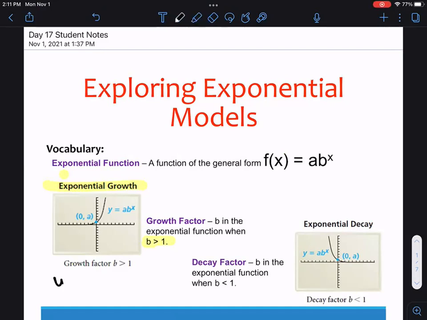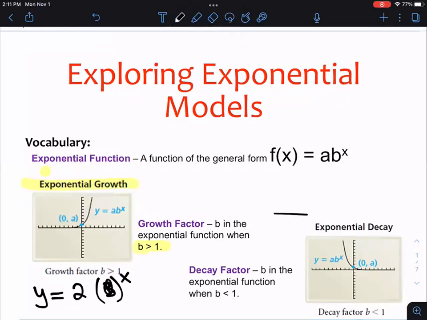So for example, we could have y equals 2 times 3 to the x power. Since the b value here is 3, that's what makes it an exponential growth problem.